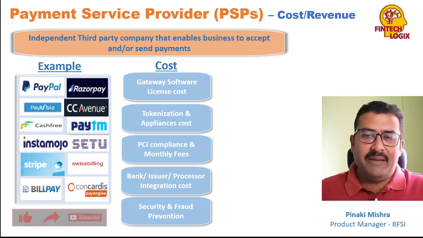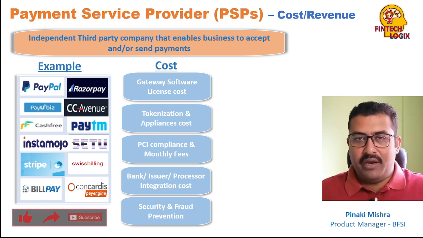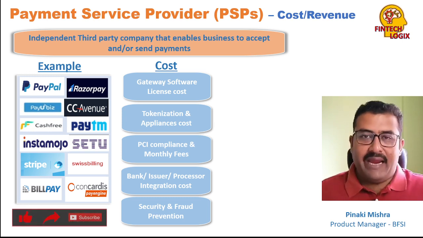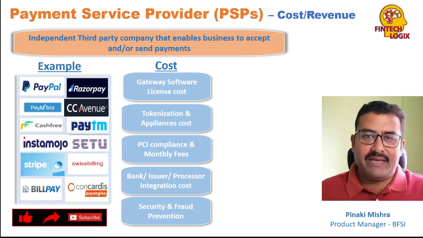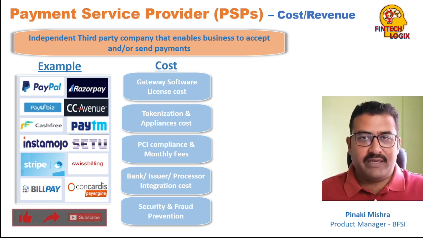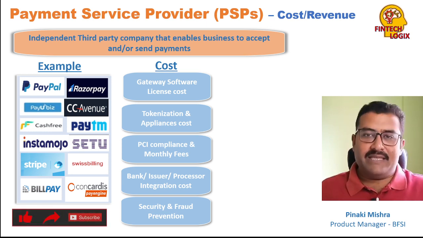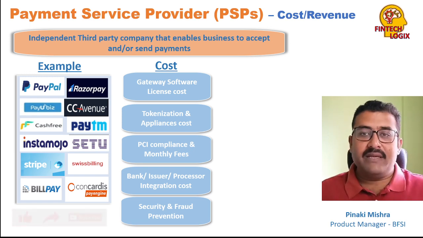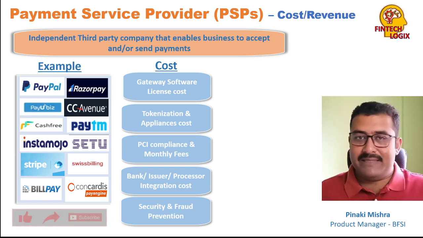The second bigger area is tokenization and appliance costs. In some cases, for authentication purposes, software tokenization is used. In some cases, for authentication or payments, even hardware appliances are used.